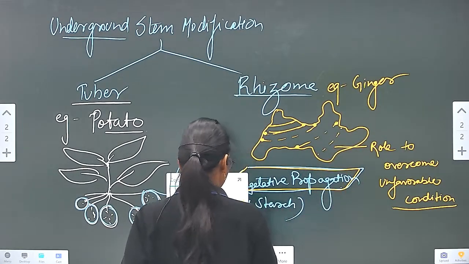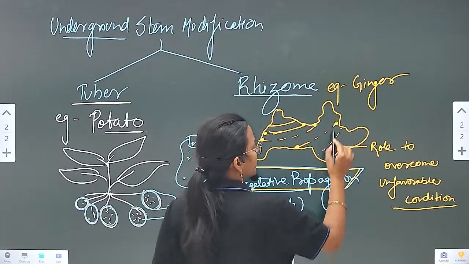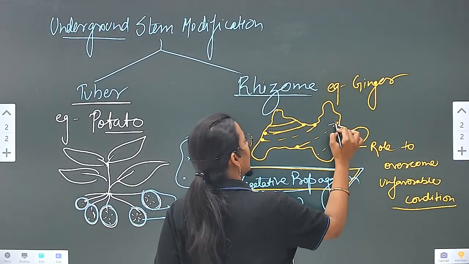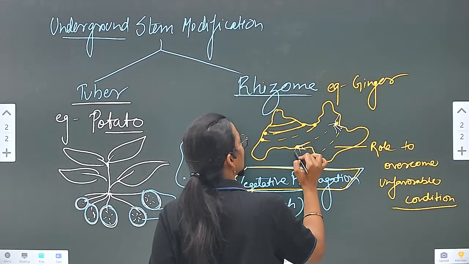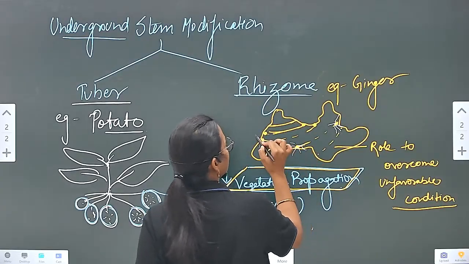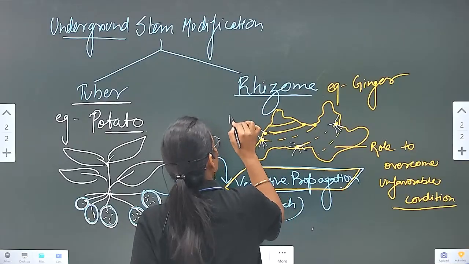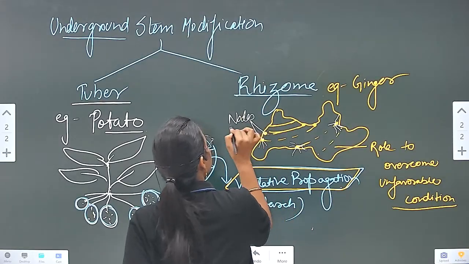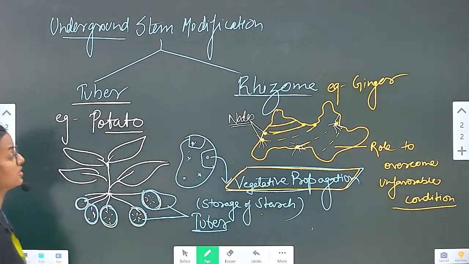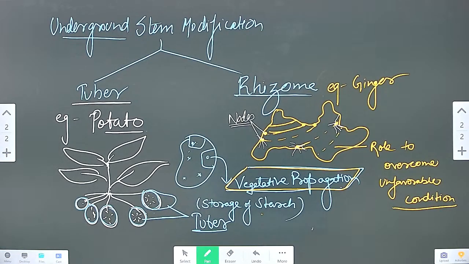Sometimes you might be aware, they show some hair-like outgrowth. These yellow parts are what? Nodes. Is that clear? So you can see we have two underground stem modifications. One is the tuber, another is the rhizome. Is that clear, my dear students?